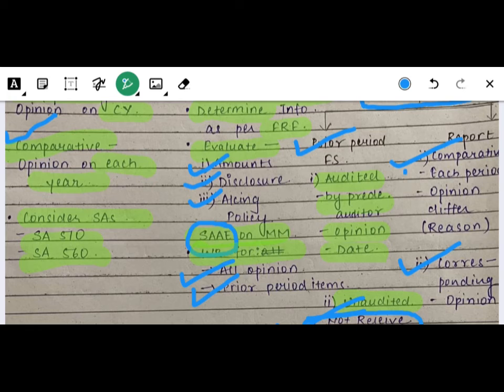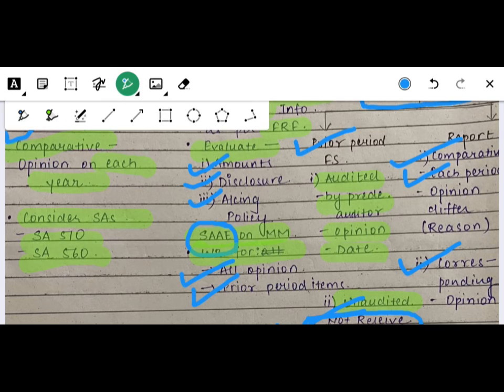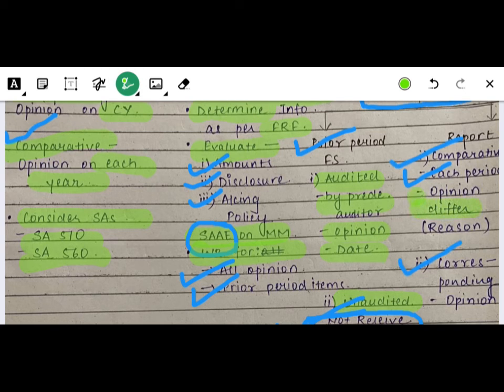For comparative, you have to provide the opinion for each of the periods. If in the previous year the opinion was unmodified, but actually there is a need for modification, that is, your opinion differs from the opinion given in that year, then give the reasons in the other matter paragraph.